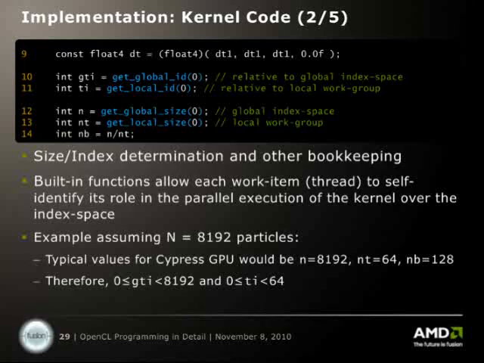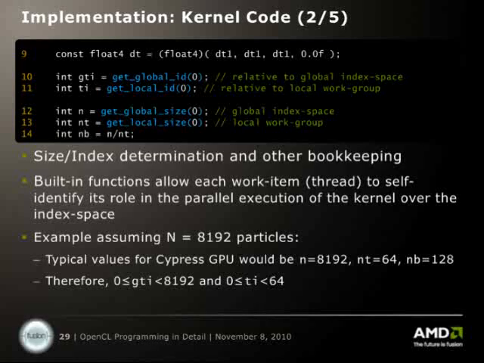In line 14, we just calculate the number of blocks for our blocking scheme, which is simply going to be the number of particles divided by the number of particles in a given local work group. Sometimes it's useful to put actual numbers on this just to make things clear.